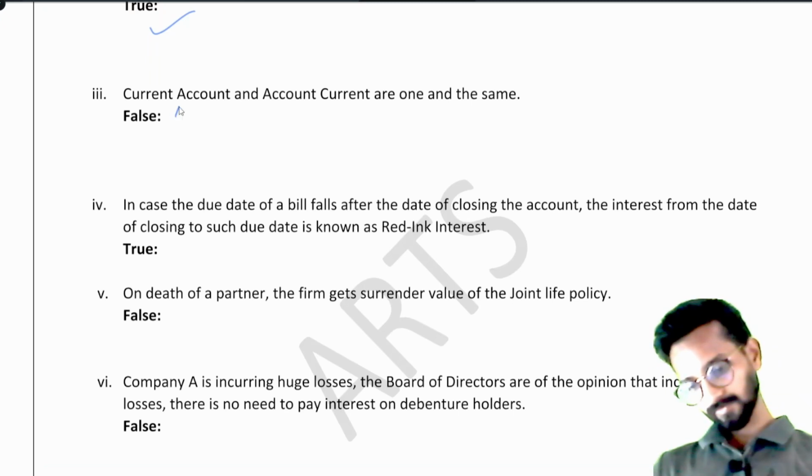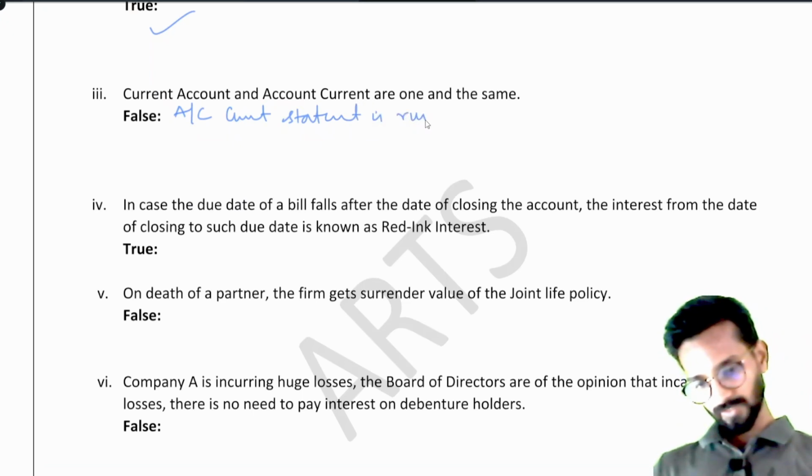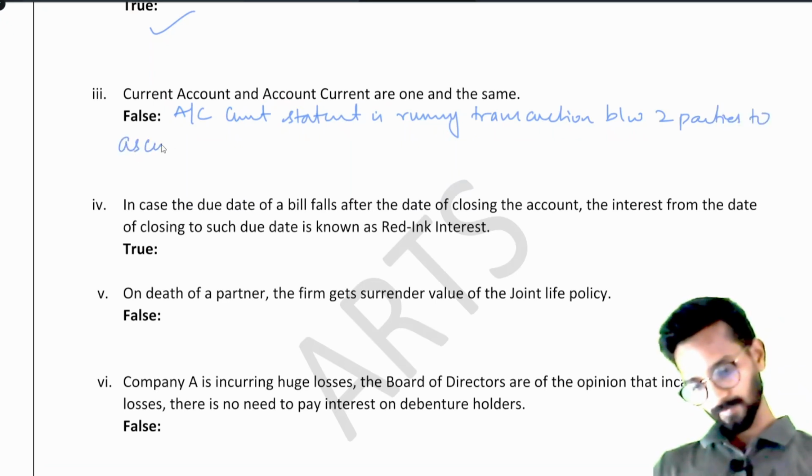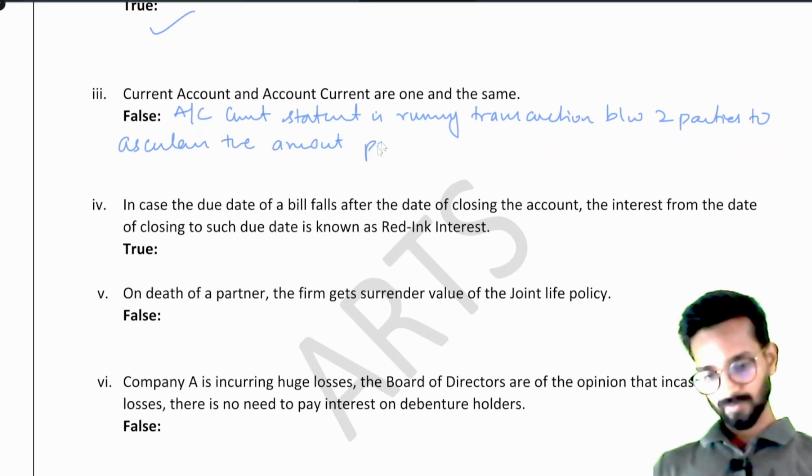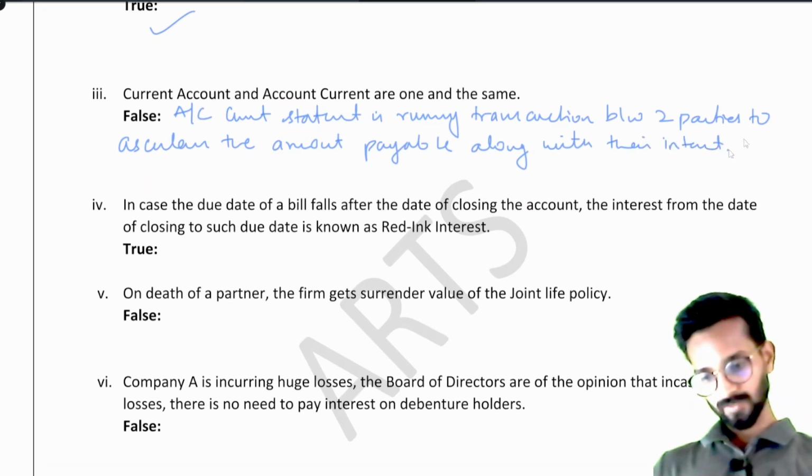Account current statement is running transaction between two parties to ascertain the amount payable along with their interest.